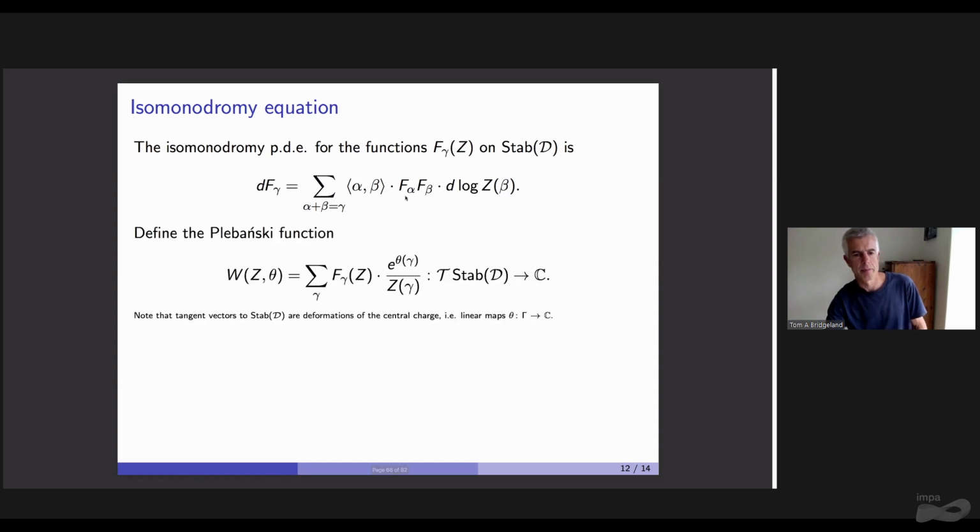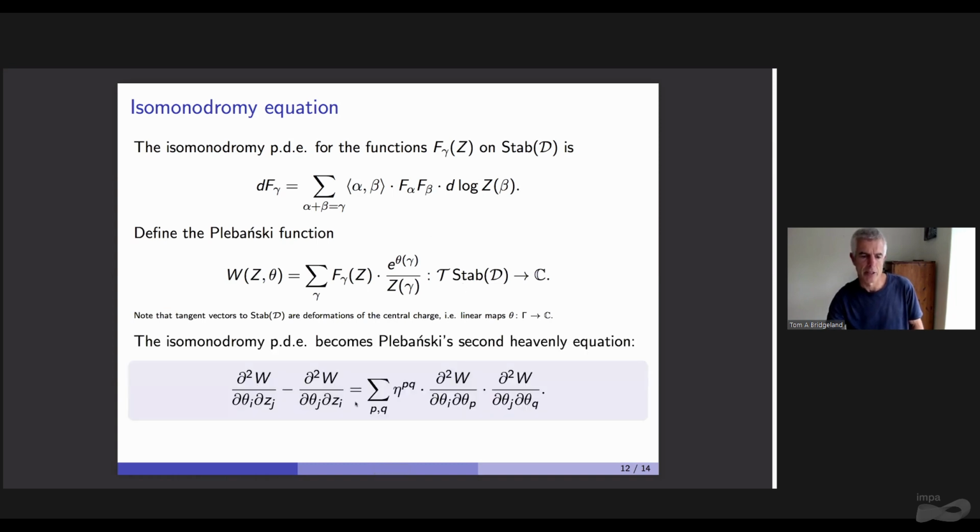Now, each of these is a holomorphic function on the space of stability conditions. If you insert this extra factor here, this becomes a function on the total space of the tangent bundle. And this differential equation translates into this differential equation.